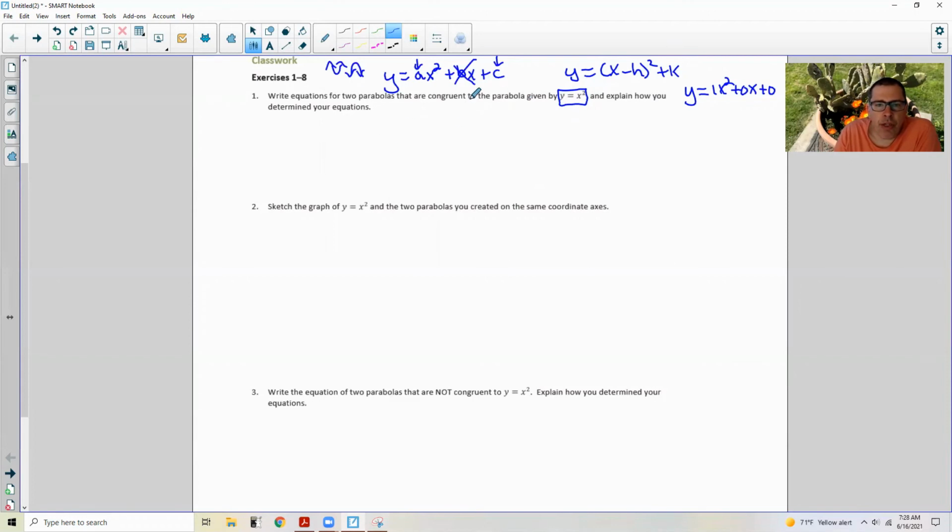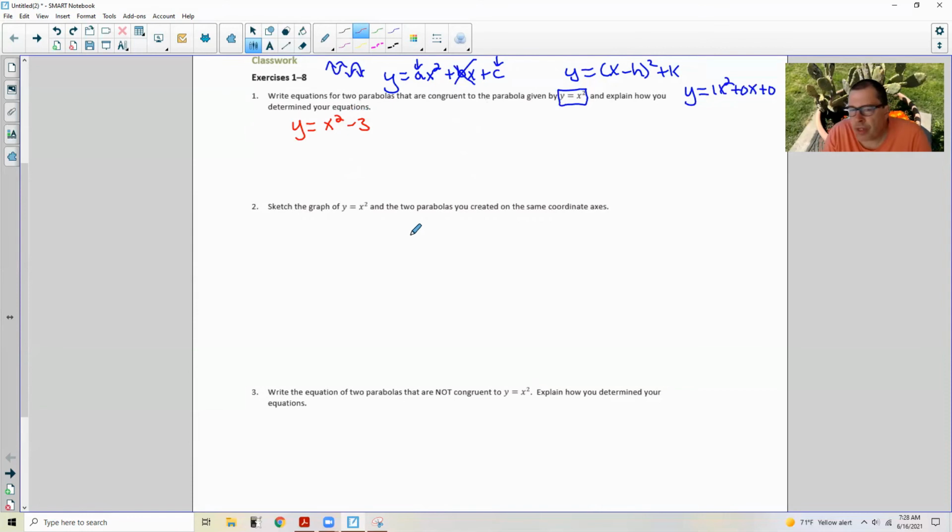So if we just want to write two equations that are congruent, we just want to shift it. We do not want to change its shape. We don't want it to increase slower or flatten it out. We just want to move it up, down, left, or right. Okay, so with all that being said, if I just want to move it, let's say up or down 3, that'd be y equals x squared minus 3.